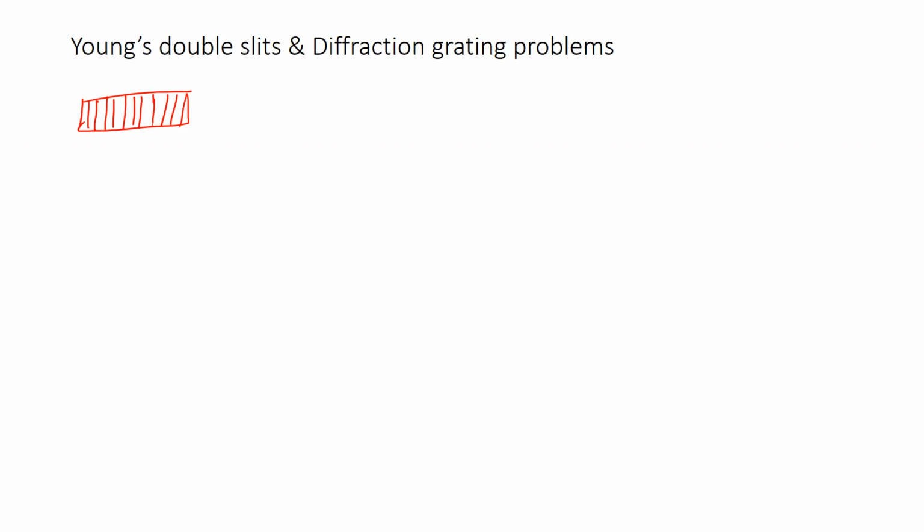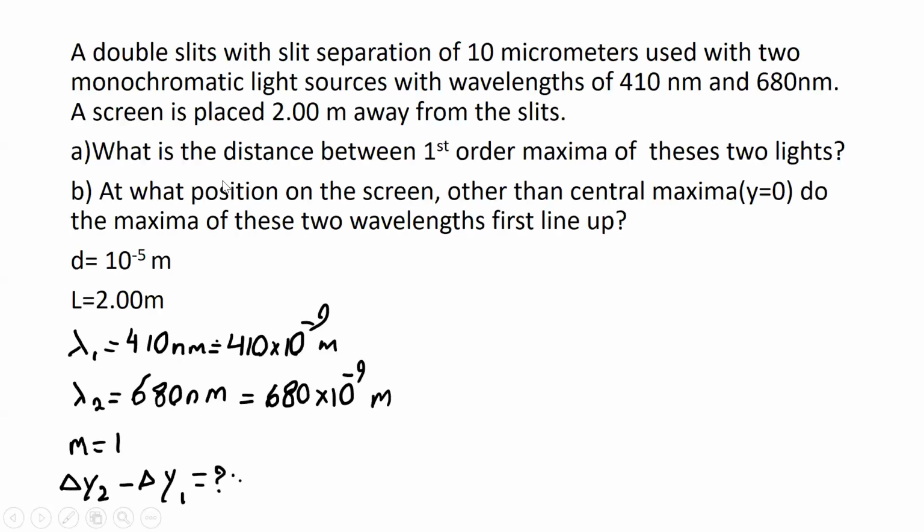It means their bright regions are narrower and brighter, and their dark regions are darker. The analysis of a diffraction grating is similar to that of a double slit. So let's go through some questions to see how it works.